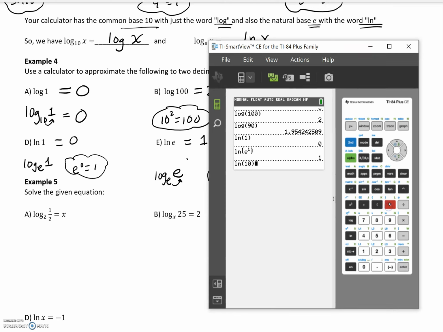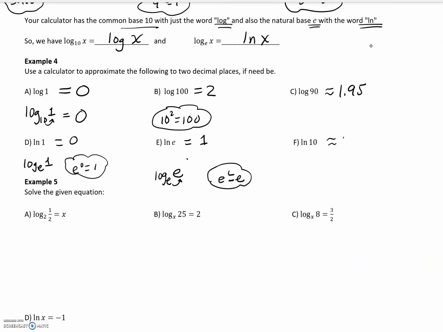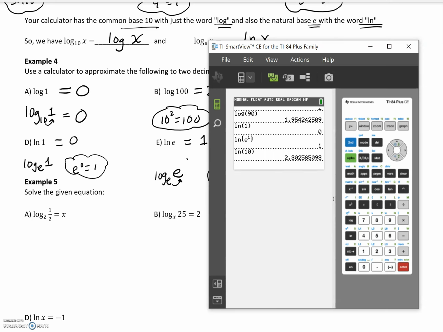We're going to have to approximate that. Looks like it's 2.30. So we have 2.30 for ln of 10. So just know basically where the log and the ln button are on your calculator and how to access them. And they are right underneath each other.